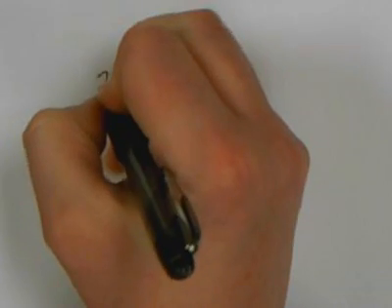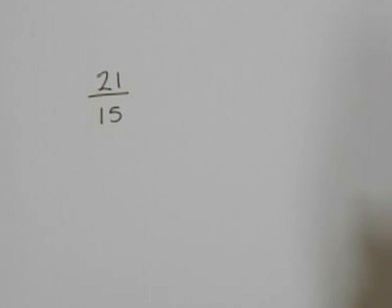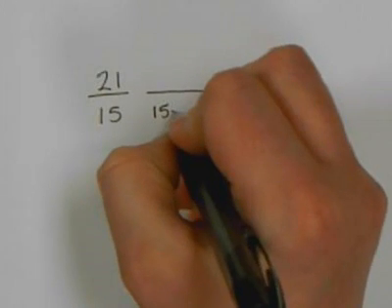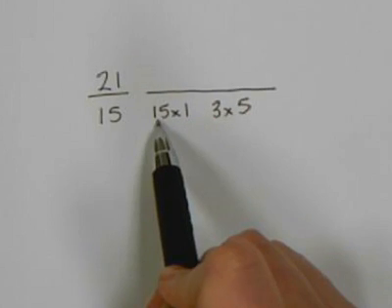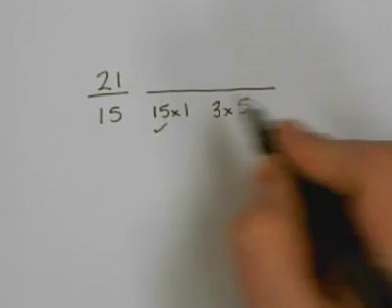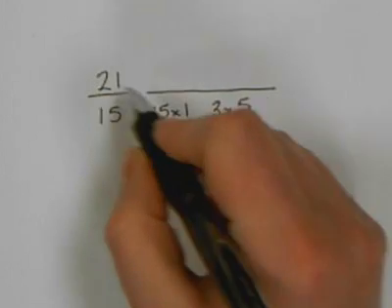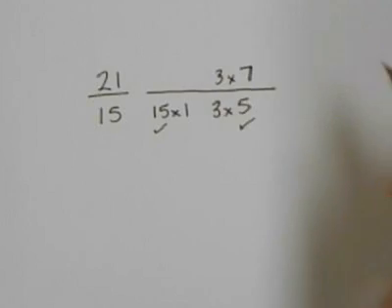Let's do one more. 21/15. We simplify first. 15 times 1 and 3 times 5. Then we say, does anything times 15 give me 21? No. Does anything times 5 give me 21? No. Does anything times 3 give me 21? Yes. 3 times 7.